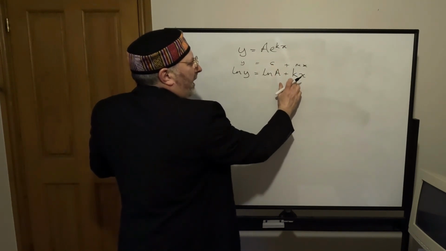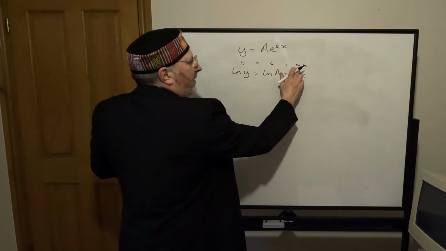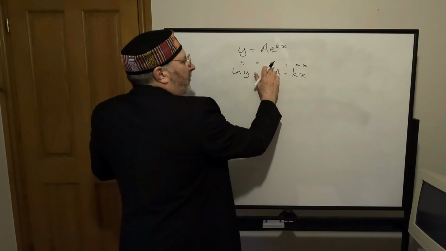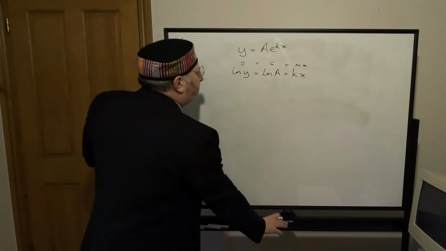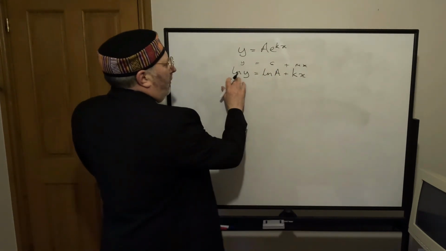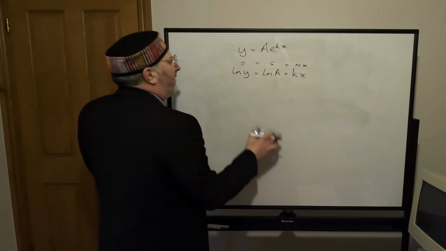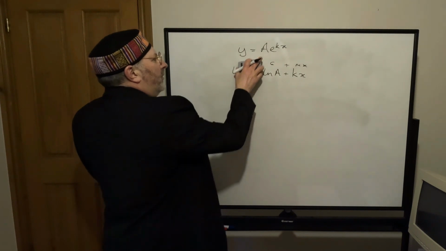So we can see that k is going to be the slope of the line, m, and log a is going to be the constant c, the y-intercept. And the logarithm of y corresponds to the variable on the vertical axis.